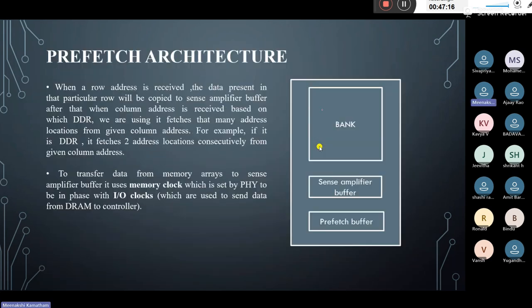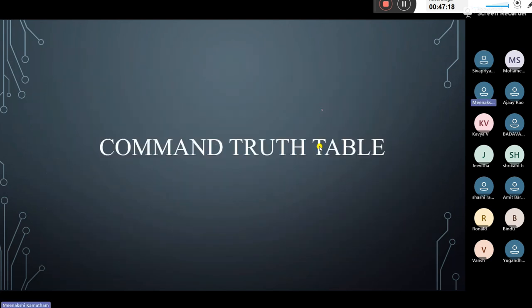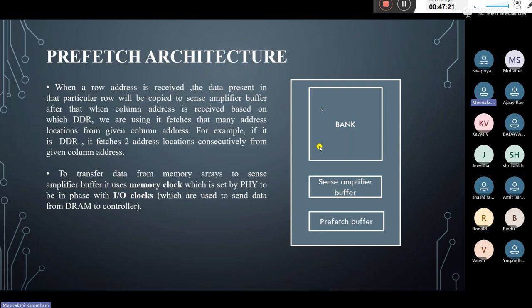You know these calculations. Coming to the prefetch architecture, as I mentioned, prefetch architecture is the main thing that provides the parallelism concept and more throughput. Previously, DDR1 had only 2n prefetch. Right now we have 16n prefetch also.